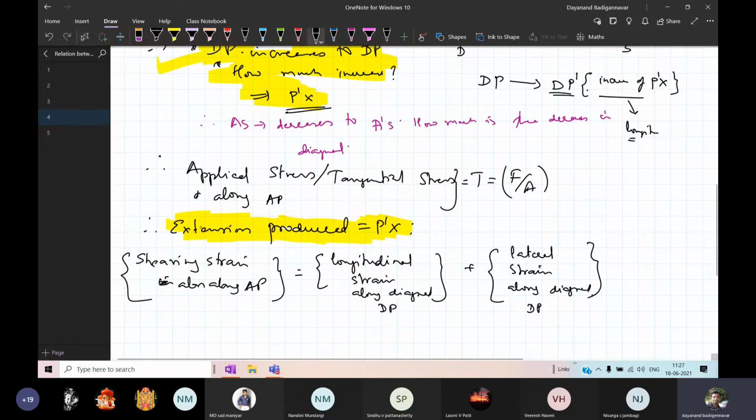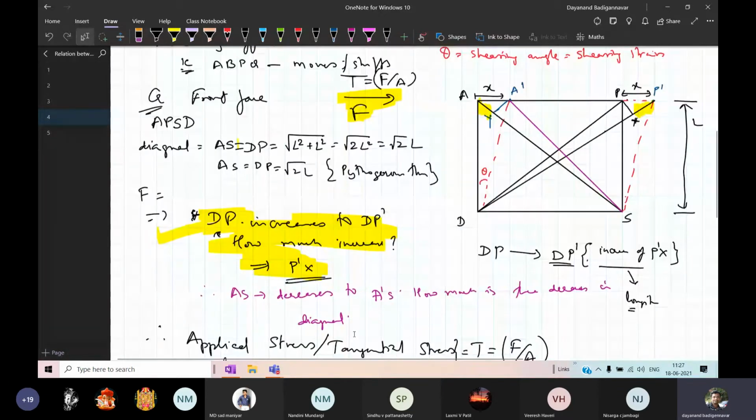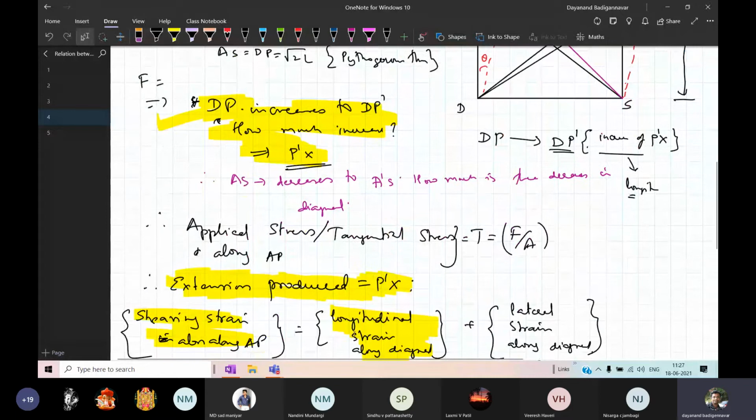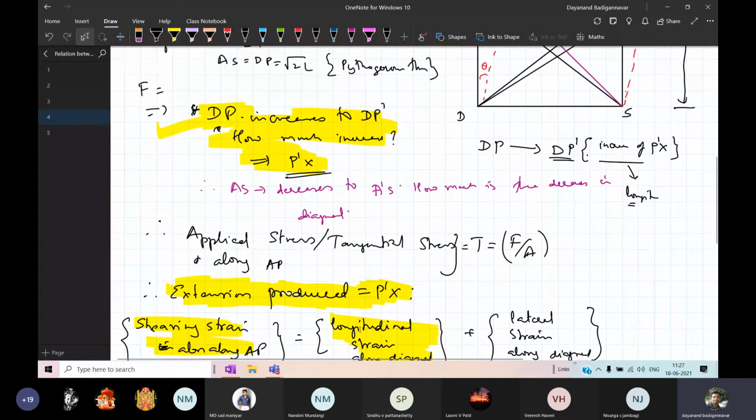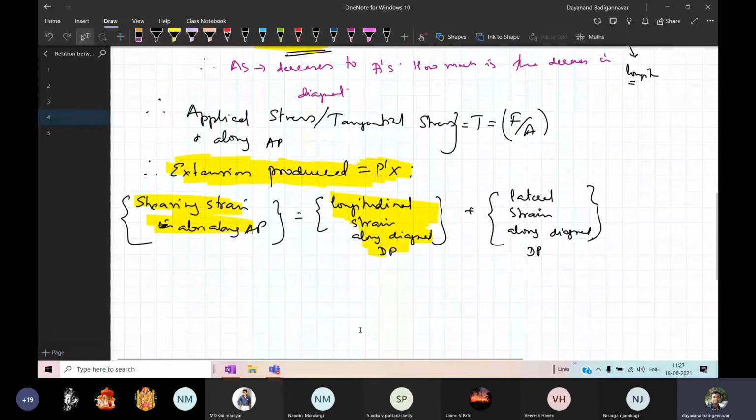This shearing strain along AP is equal to the longitudinal strain along the diagonal. Here I told you longitudinal strain. What is the longitudinal strain? It is the change in length to the original length. What is the change in length? I will write it as P dash X. What is the original length?